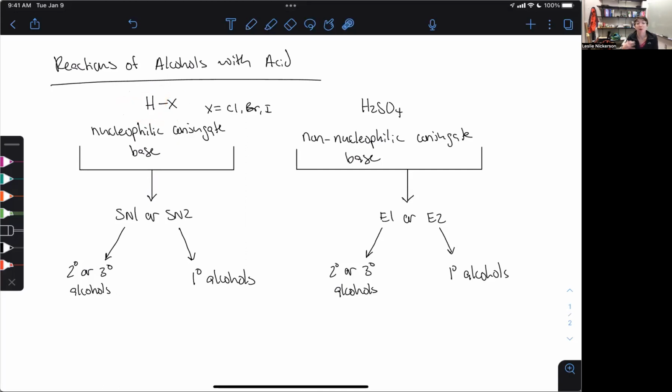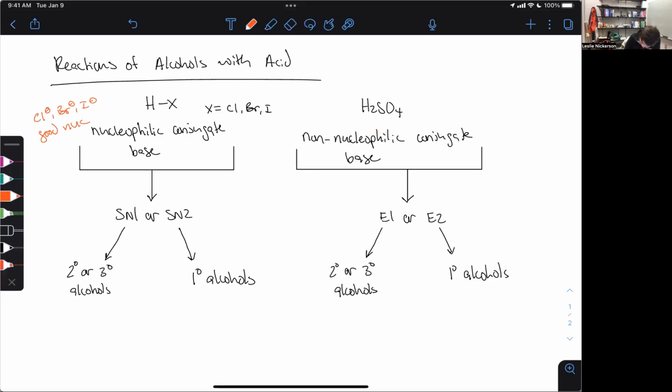They're really bad bases, but they are good nucleophiles.